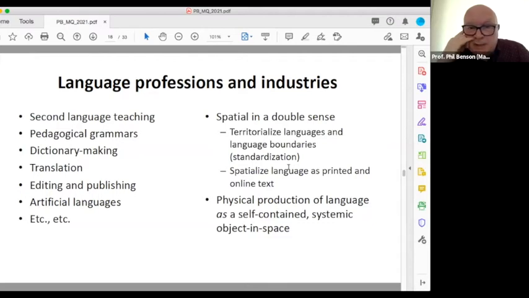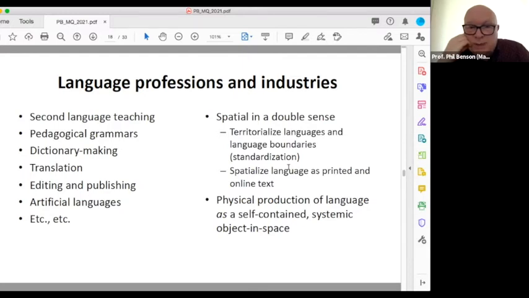And these professions and industries work spatially in a double sense. One is that they are really the most important agencies of language standardization that we have, and in that sense they work to territorialize languages and language boundaries and so on. But in another sense, they also tend to spatialize language as printed text, and nowadays as online text.